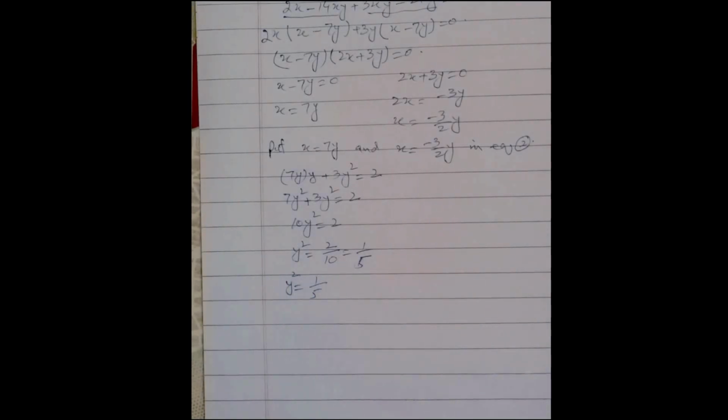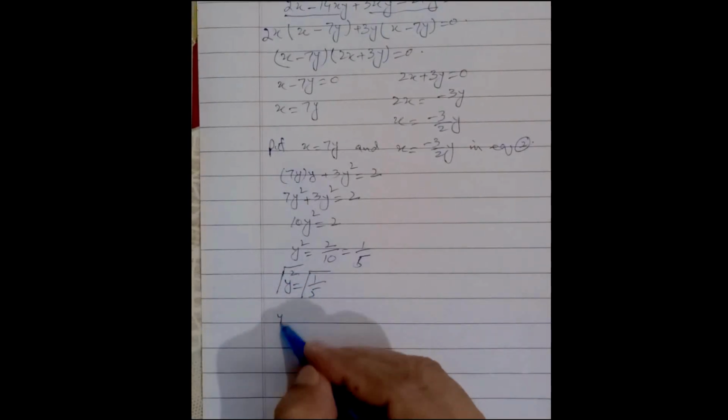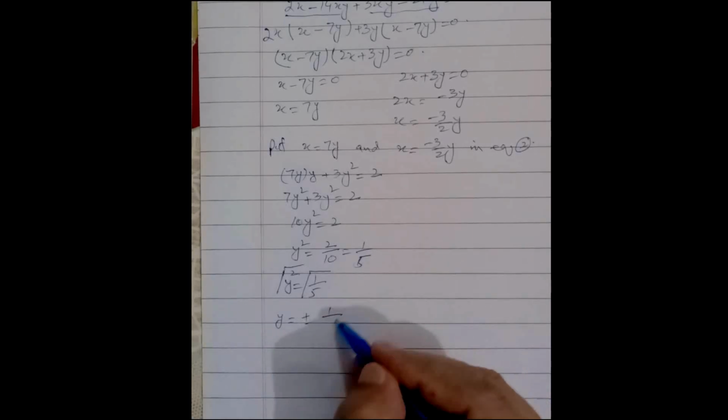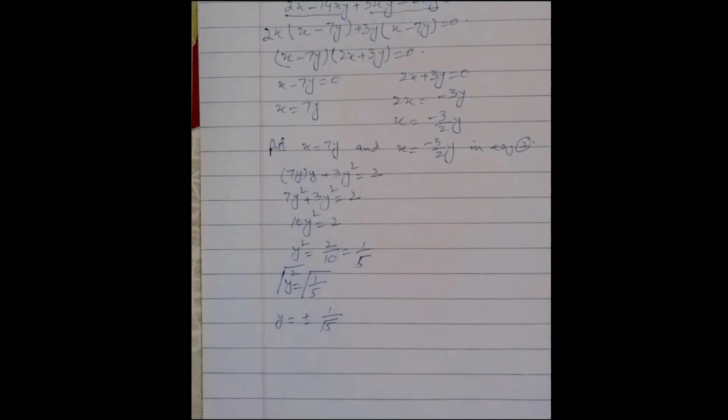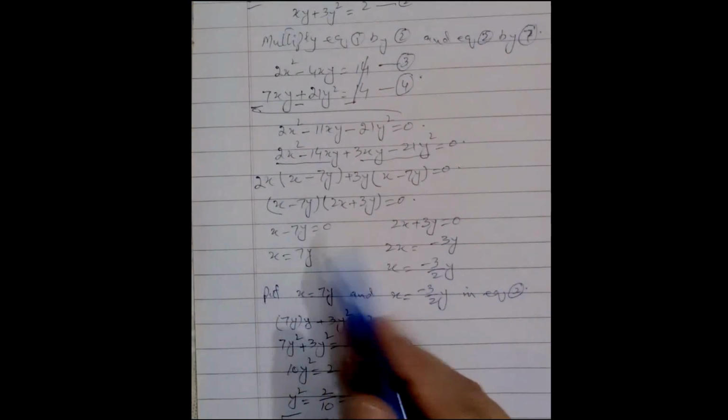We take the square root both sides. We get y is equal to plus minus 1 over square root 5. And then we put the value of y in this equation.